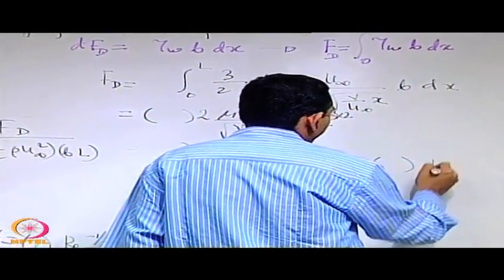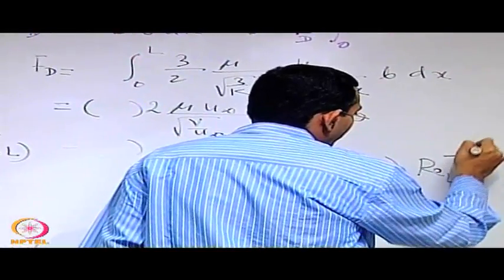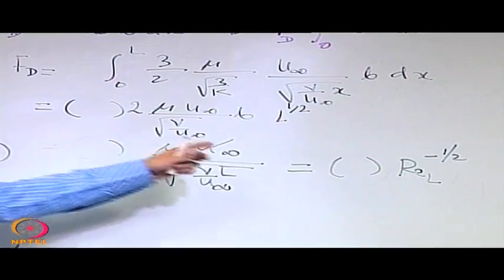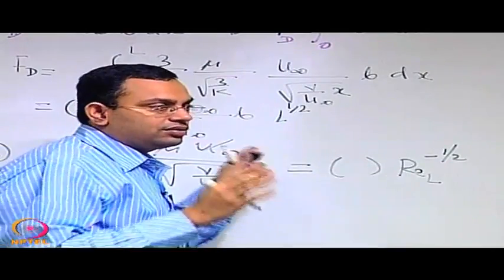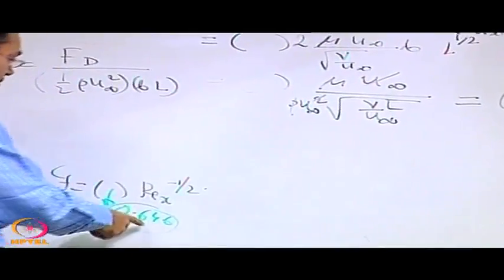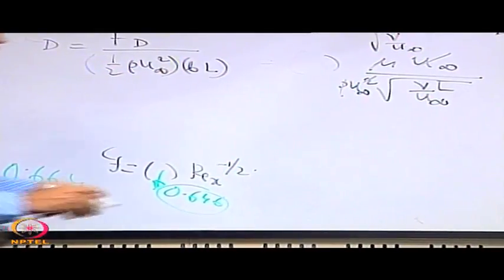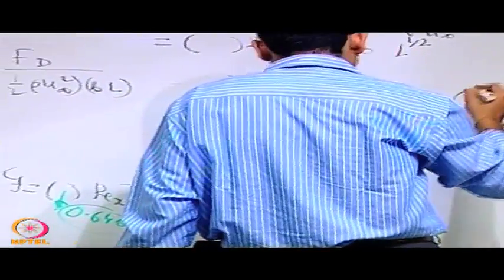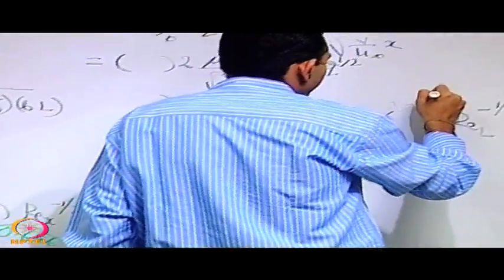So this is something into Reynolds number to the power minus half, but this Reynolds number is not based on any local coordinate, but on the total length of the plate. So this gives the total effect, and this coefficient is just double of this 0.646, so it is 0.646 into 2.